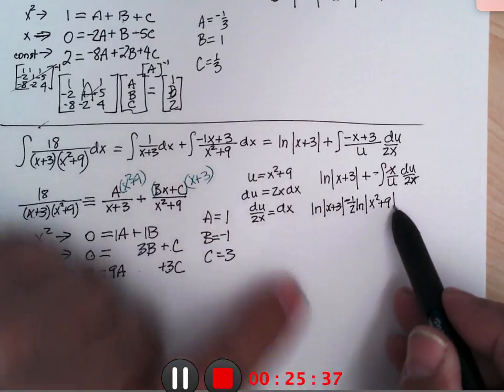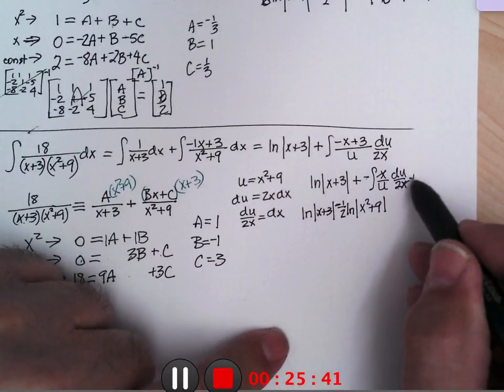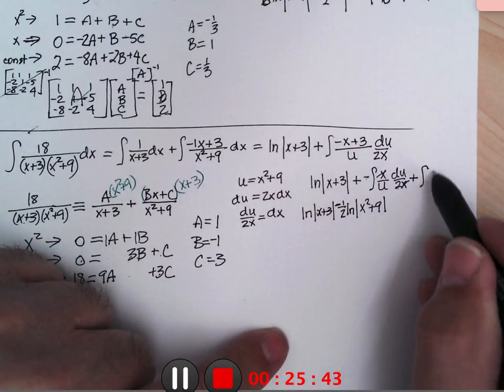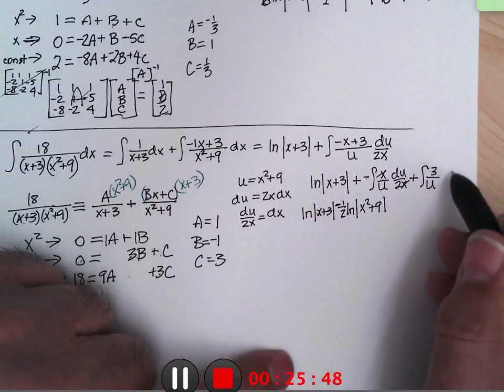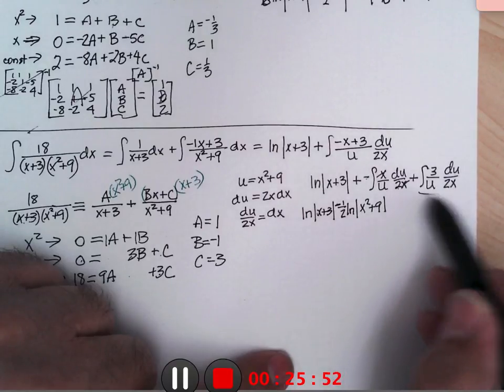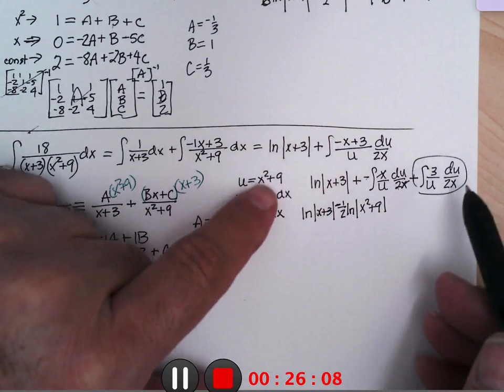But then I still have this integral of 3 over u du over 2x. And I still have to figure that one out. Now, what can I do about that? Well, that one is not quite so easy.